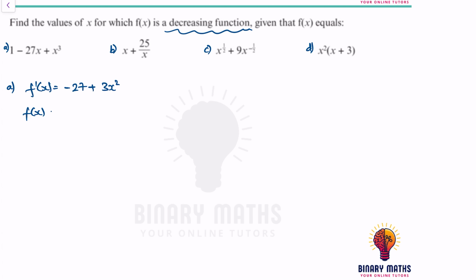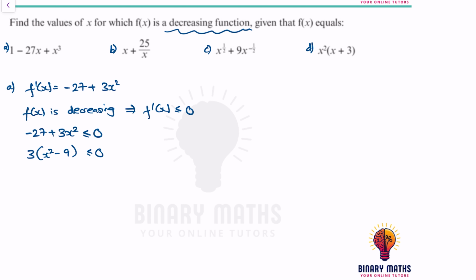F of x is decreasing, implies f dash of x is less than or equal to 0, which means minus 27 plus 3x squared is less than or equal to 0, which means 3 times x squared minus 9, if I factor the 3 out, is less than or equal to 0, which means 3 times x minus 3 times x plus 3 is less than or equal to 0.